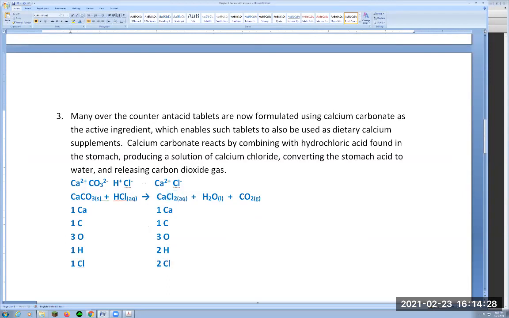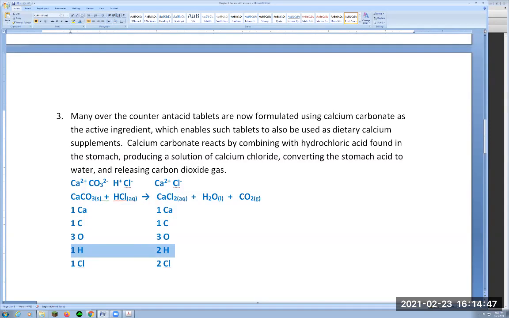There we have all our elements. So we can see the calcium is balanced, carbons are balanced as well, oxygens are balanced. The hydrogens are not balanced.